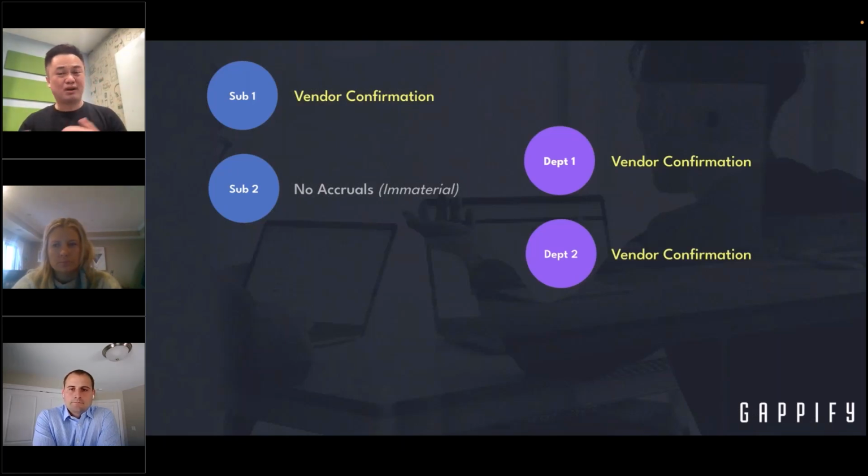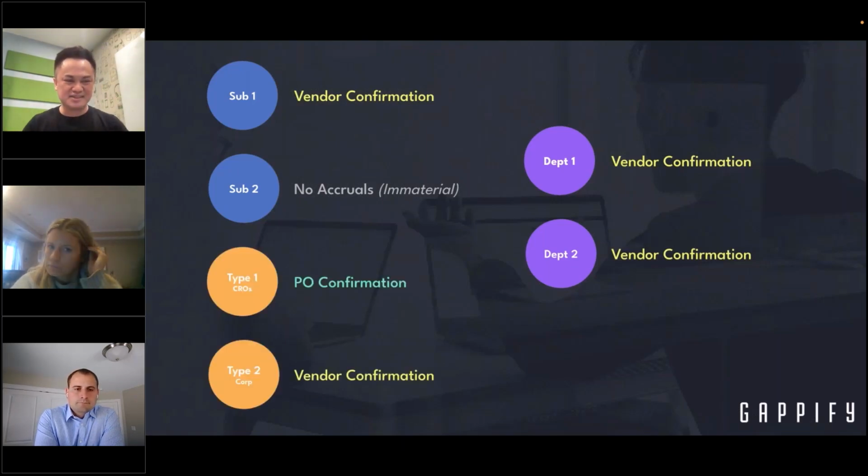Another layer is department. So maybe R&D, again for biotech and life sciences, is heavier and maybe the vendors are responsive. So you may want to lean on vendor confirmations for that group. And maybe for G&A, you want to do the same thing, but keep in mind you have different options, so you don't have to use one approach across all vendor classes.